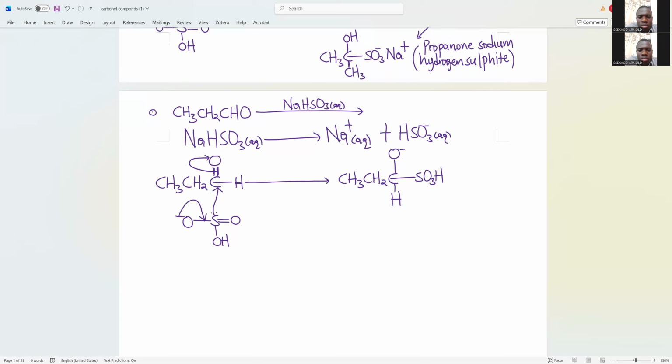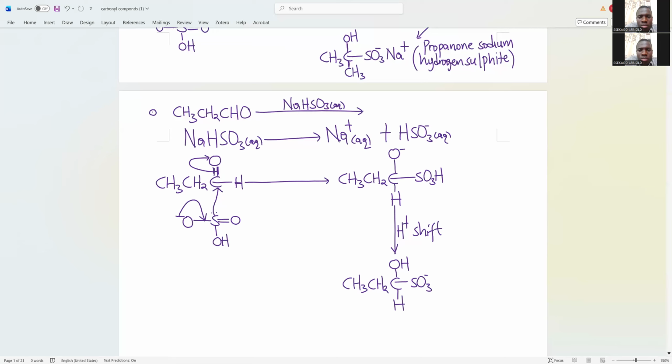So that hydrogen goes to where we have excess electrons. So at this level, we have a hydrogen shift resulting in formation of CH3, CH2, C, OH, H, SO3 with a negative, like that.